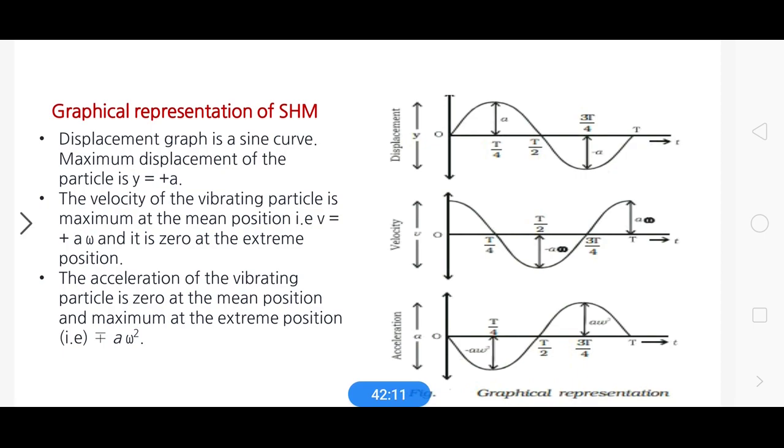So you can directly get the values. So students, try these diagrams, means plots, of time versus displacement, velocity, acceleration, find the values and make a chart and make a graph also.